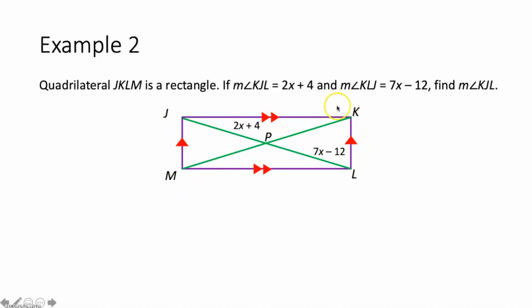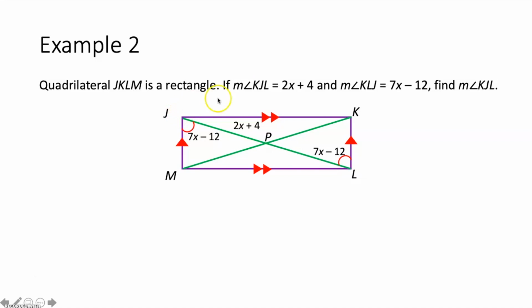If these two segments are parallel to each other, and let's say this diagonal, segment JL or LJ, is our transversal, then wouldn't alternate interior angles be congruent? So yeah, this angle right here would be congruent to this angle right here. Angle LJM would be congruent to angle KLJ.